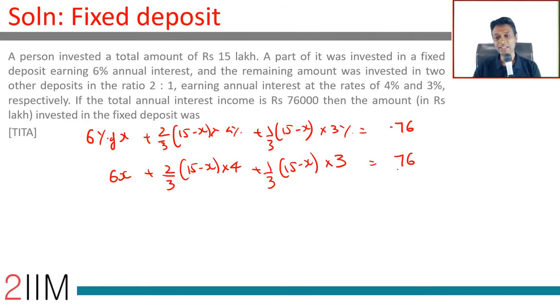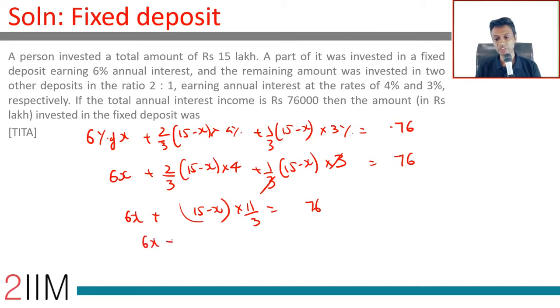And so let's say we expand this. This is (15 minus X) into 8 by 3 plus 1. 6X plus (15 minus X) into 11 by 3. 2 into 4 is 8, so 8 by 3. This is 1. 8 by 3 plus 1 is 11 by 3 equals 76.